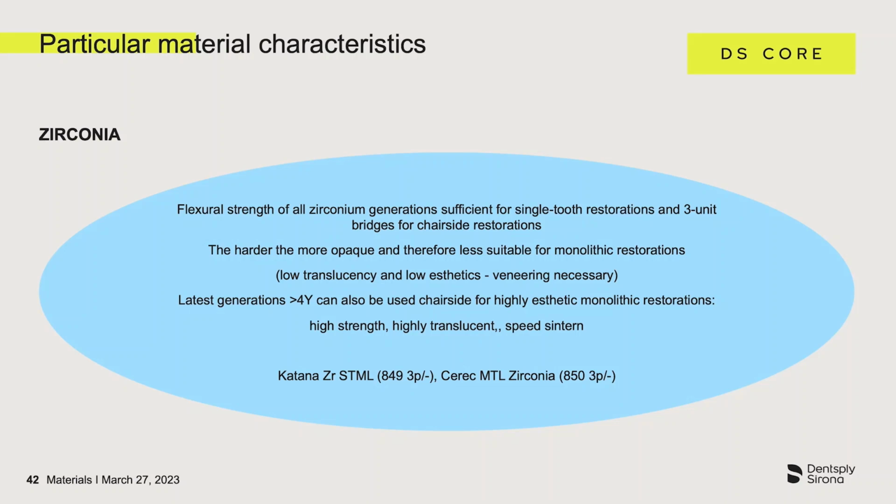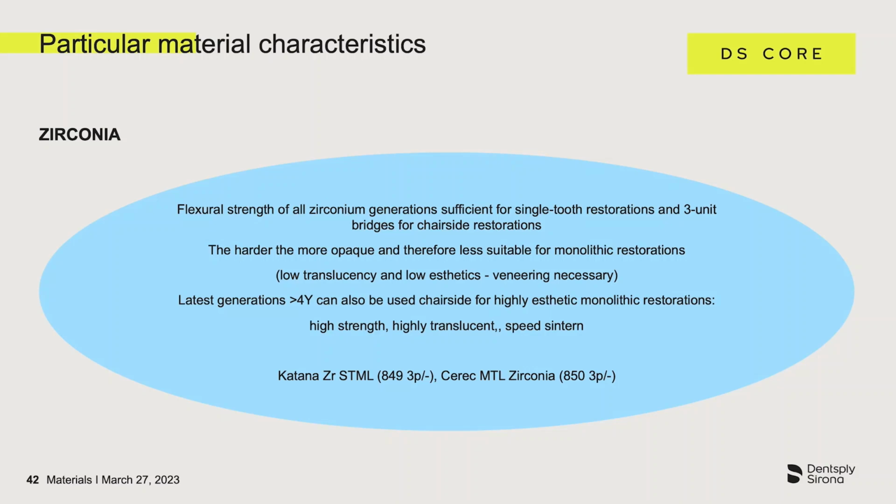To summarize, it can be said that the flexural strength of all zirconia generations is absolutely sufficient for single tooth restoration and also bridge reconstruction up to 3 units, and therefore for the chairside restoration. The harder the material, the more opaque it is also, and the less suitable it is for monolithic restoration. This also results in the indication for framework materials that need to be veneered.